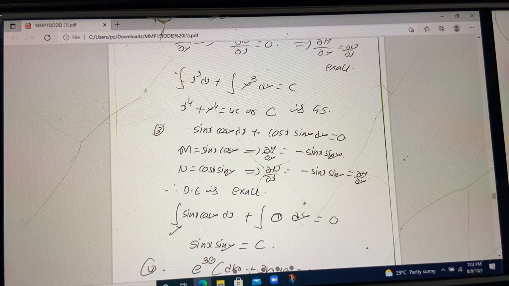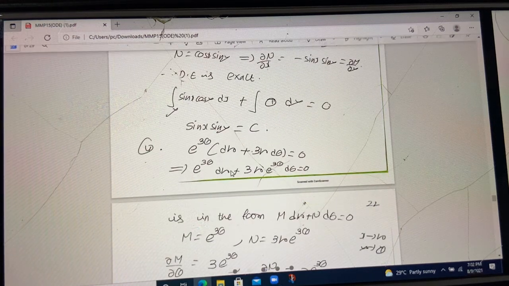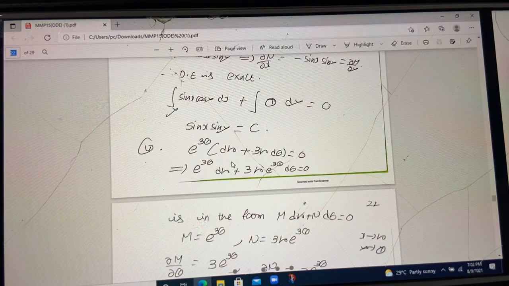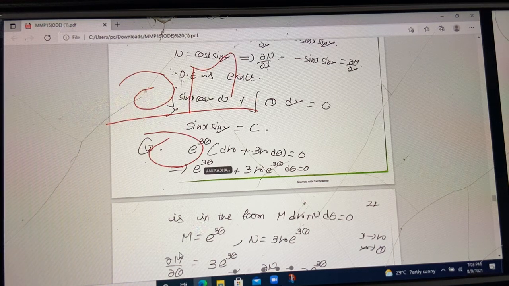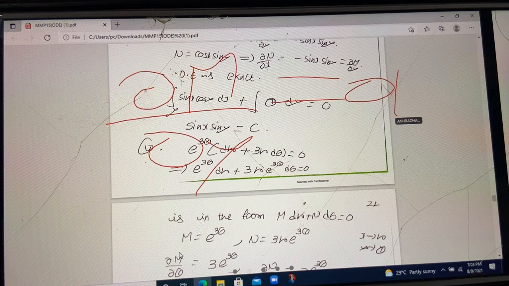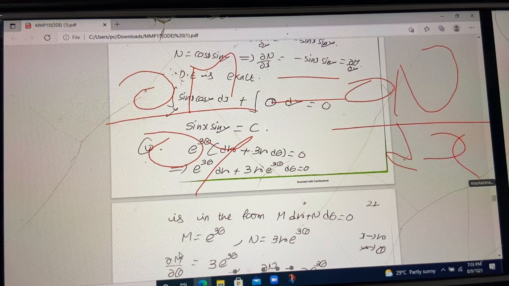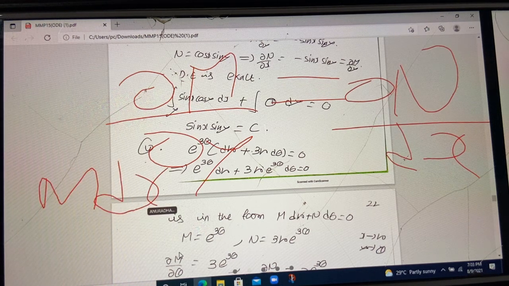Next, everything so far is in terms of x and y. Suppose you are given in terms of r and theta, then how to check whether it is exact or not? In the formula, the condition is dou m by dou y is equal to dou n by dou x, where the equation is of the form m dx plus n dy equal to c.